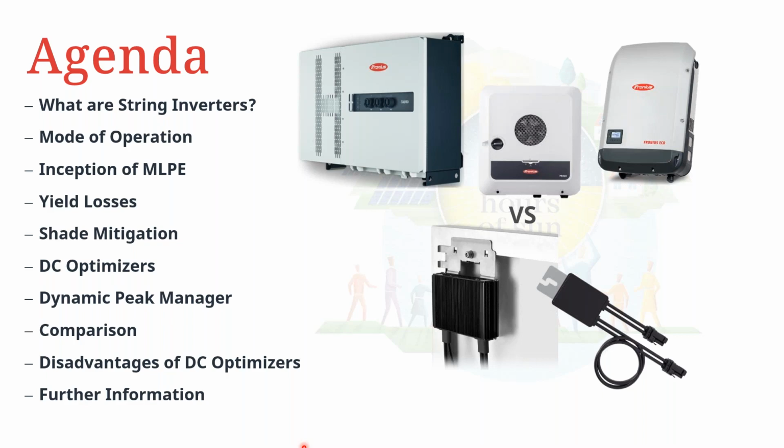David will now come in at this point and continue with shade mitigation, DC optimizers, and the dynamic peak manager. He will be making a comparison between the DC optimizers and the dynamic peak manager, and then highlight the disadvantages of a DC optimized system. And then afterwards, we'll provide brief information.